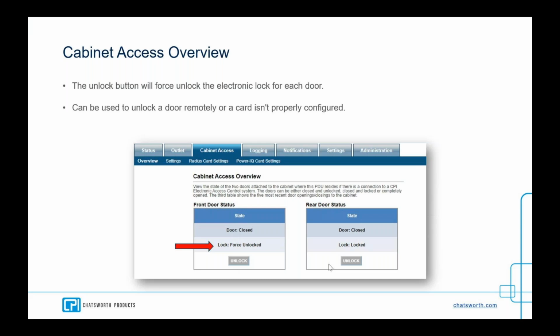Notice how the front door state in this image shows a force unlocked status and the door shows closed. Once the lock is placed back into the lock state, this state will update and show as locked. And this applies to both the front door status and the rear door status.